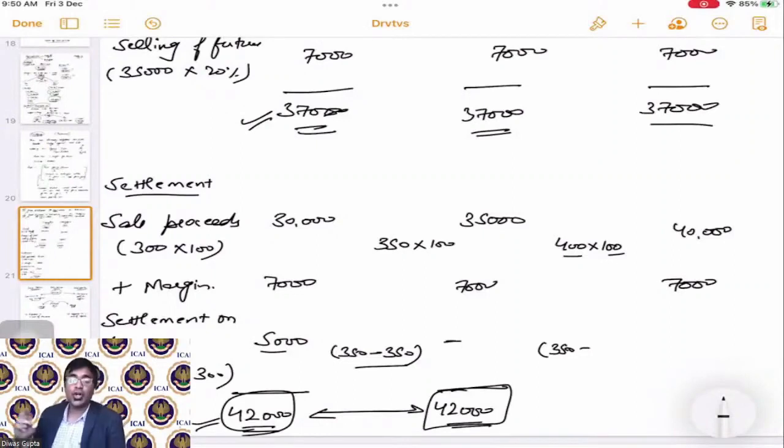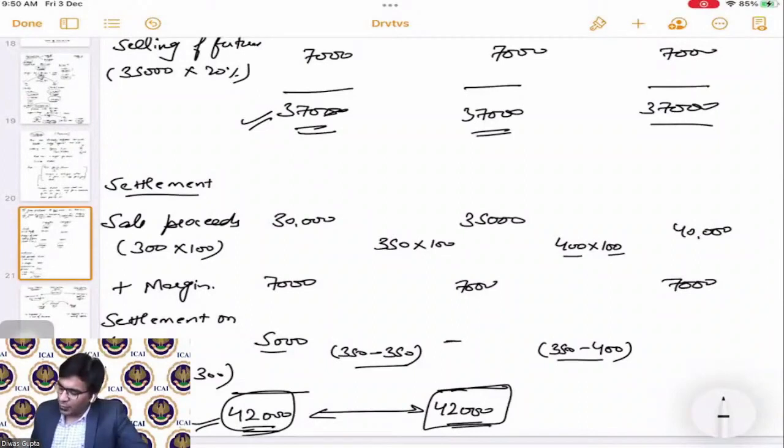350 was the short selling on futures contracted price. Actually, it has moved up. Now, students, please tell me whether it is a gain or a loss on futures. Please don't disappoint me. Please mention right answers. Whether this short selling price going up from 350 to 400, is it a loss or is it a gain?